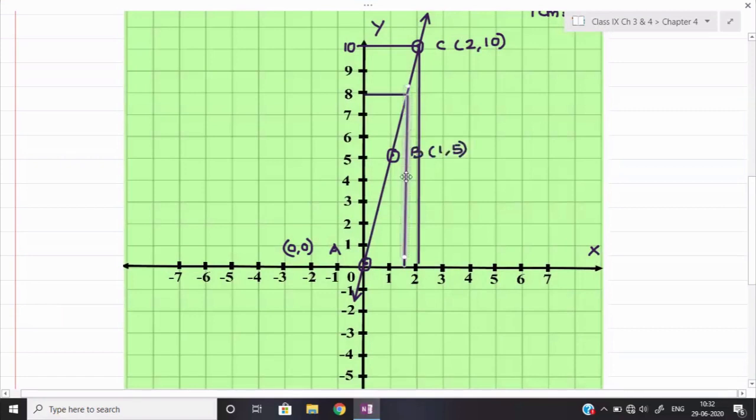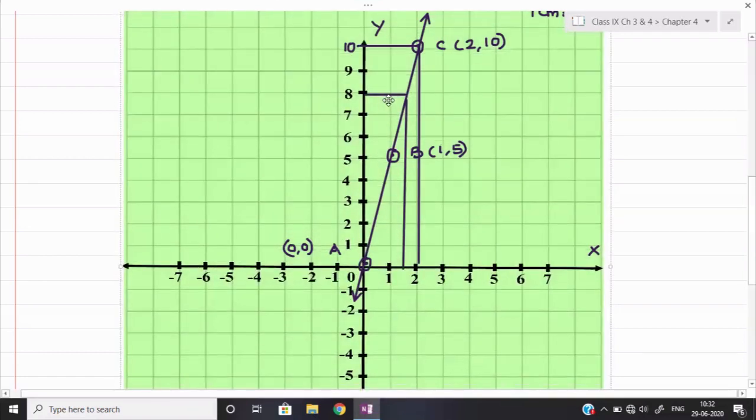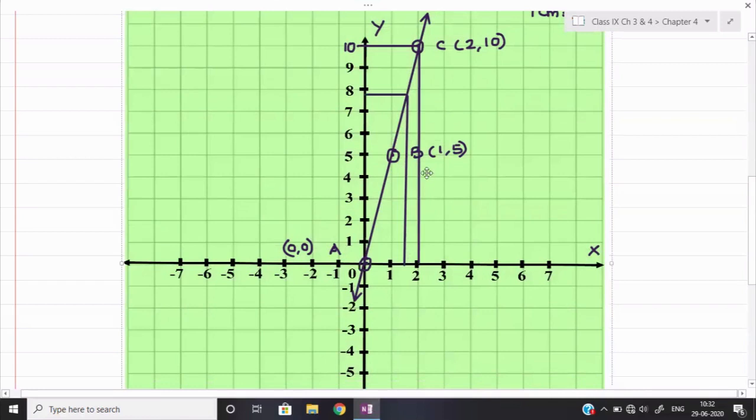See, when you draw on the graph paper, exactly it will come, because I have not taken 1.5 exactly here, that's why I was not getting it. Now you see, from that point if I draw it, then in that case you will definitely get the point exactly.